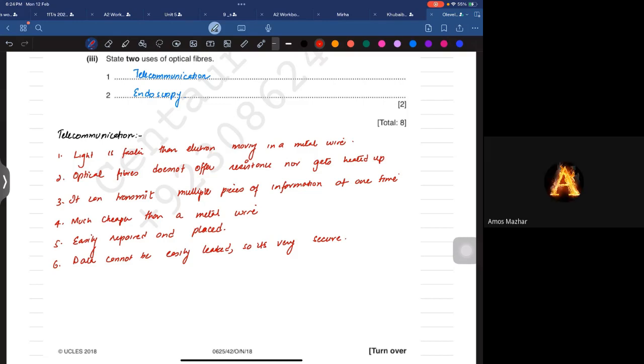Sir, what's the 6th point? Data cannot be easily leaked, so it's very secure. All right, what's the first word? Data. It's DATA.